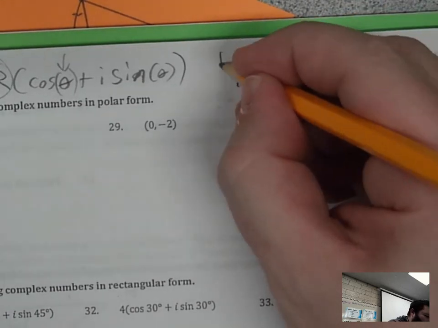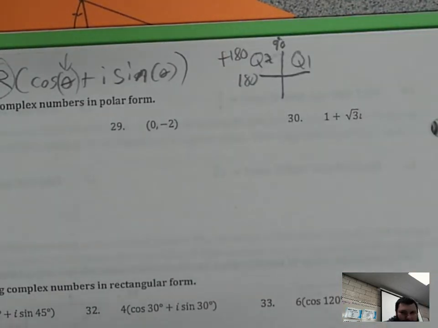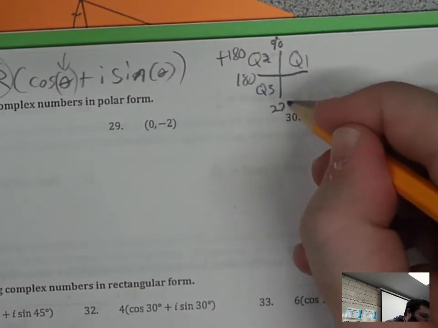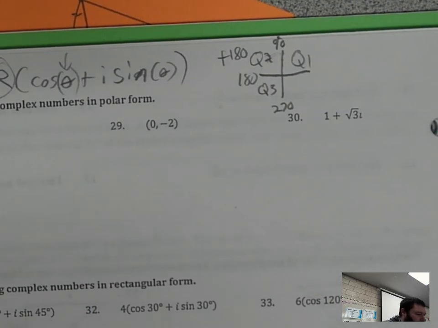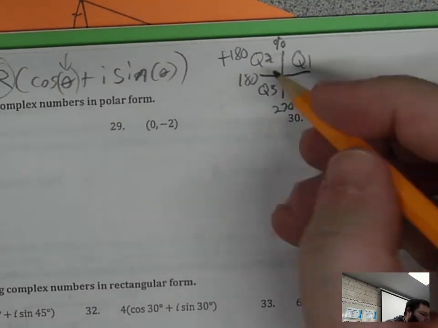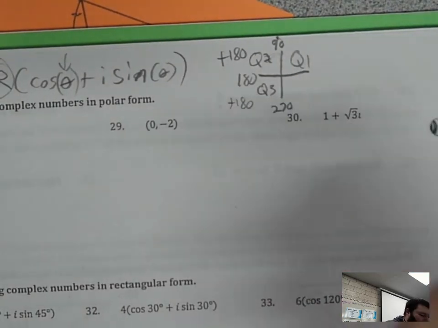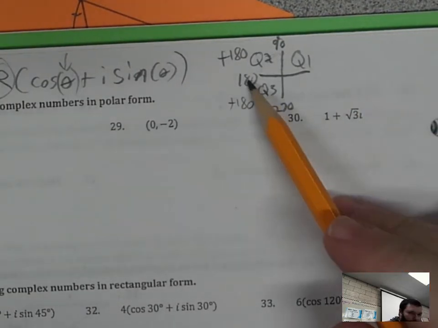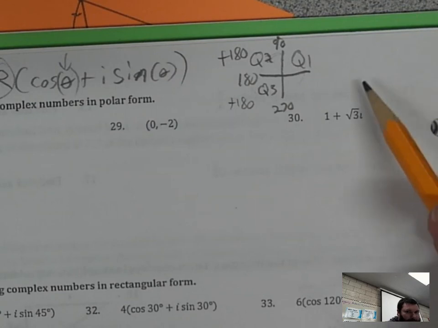So if you're in quadrant 2, you're going to get a negative theta, so you're going to add 180. Quadrant 3 goes from 180 to 270, so it has to be in that range, right? And you're going to get a positive theta, so you could add 180, or you do 270 minus your theta, or you could even go backwards and do negative degrees and minus 180.